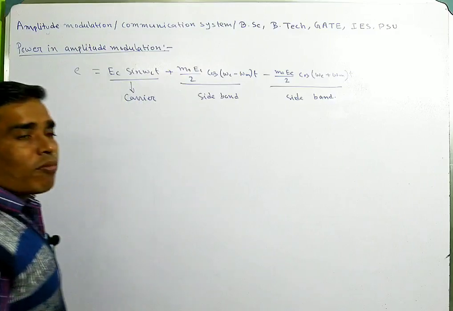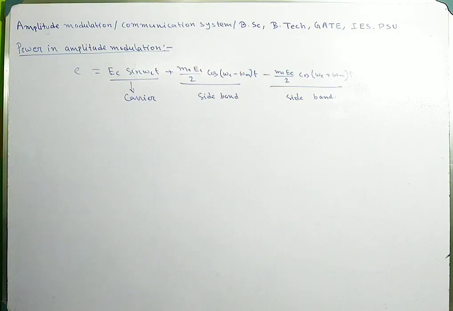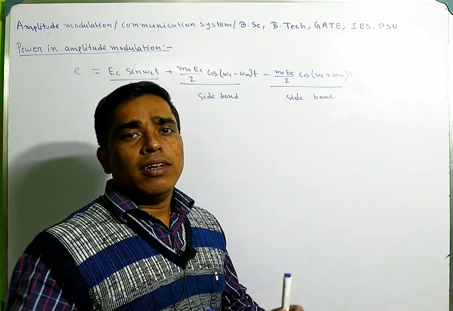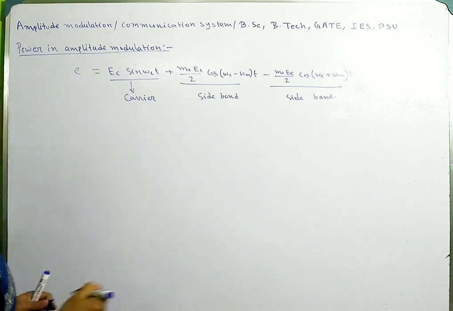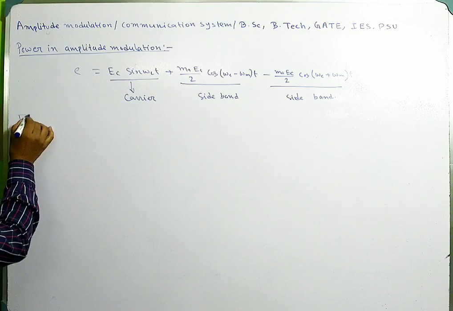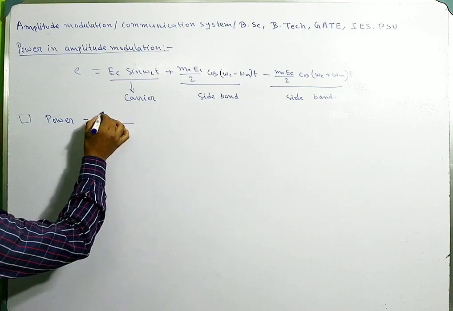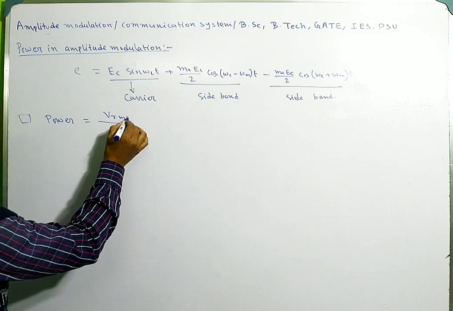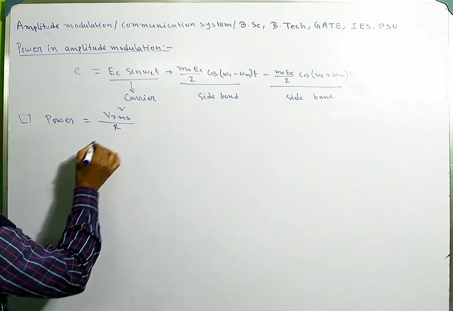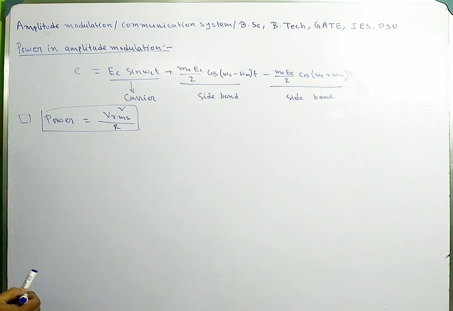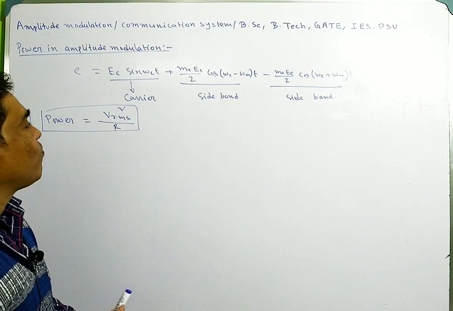First of all, we should know what the power in a wave is. Power can be calculated as P equals Vrms squared divided by R. Using this equation, we can calculate the power.